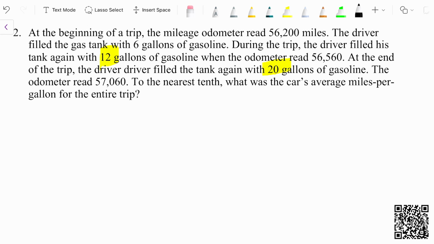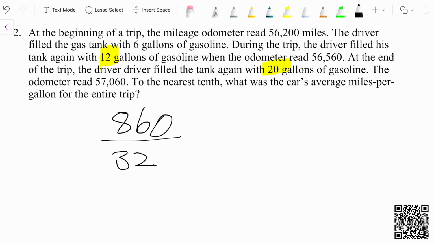So since it was 56,200 to 56,560, that is a jump of 360. And since from 560 to 57,060, that is a 500 jump, so 500 plus 360, which is 860. So it's 860 over 32.